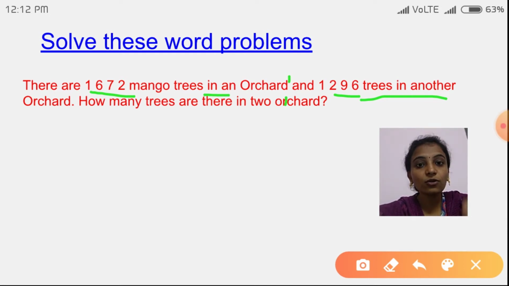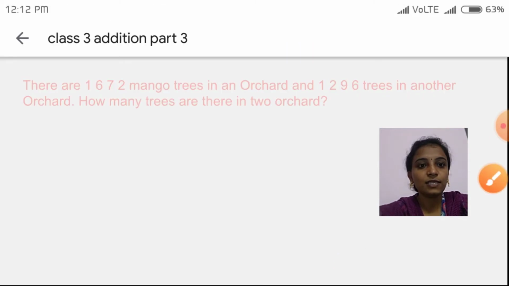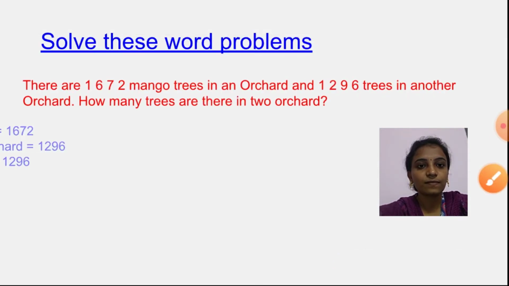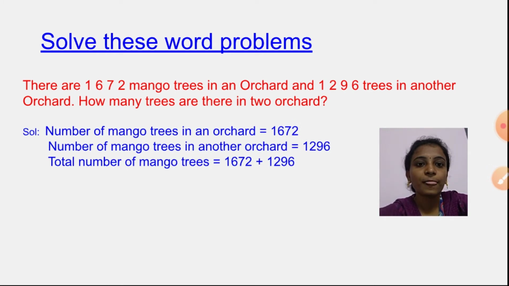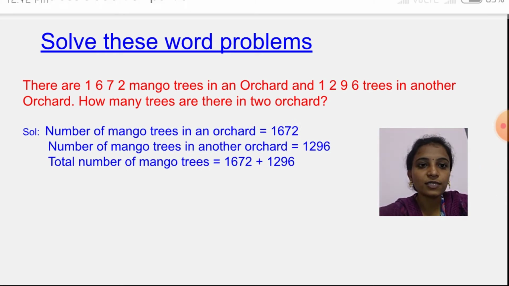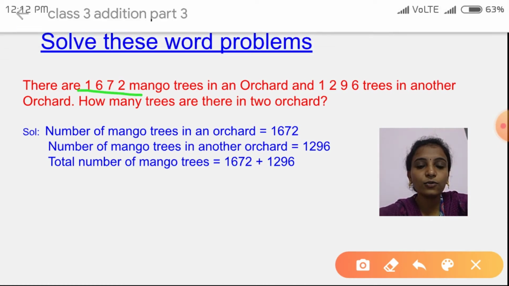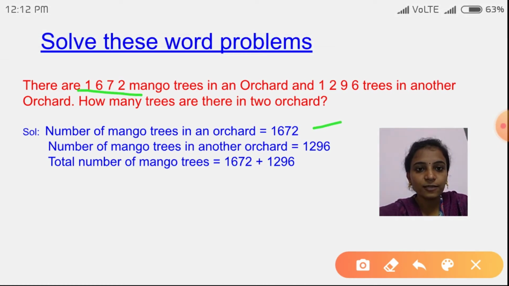So we have to count the total number of trees. So see here. Number of mango trees in an orchard, how many? 1672 trees are there in the first orchard. And from here, number of mango trees in another orchard.